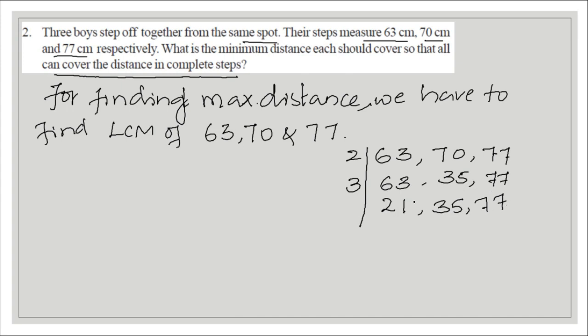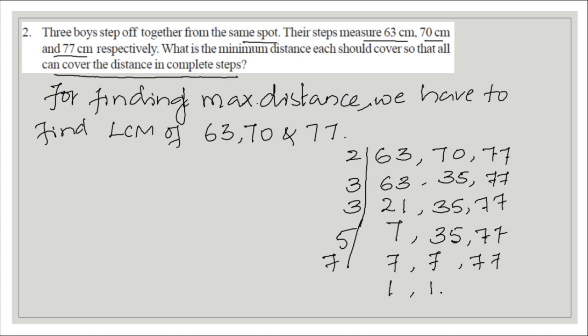Here the numbers are not divisible by the same number, so let me consider one more time 3. So 3 sevens are 21, and 35 is written as such. Then it is divisible by 5. 5 sevens are 35, then it is divisible by 7. 7 ones are 7, 7 ones are 7, 7 elevens are 77, then it is divisible by 11.